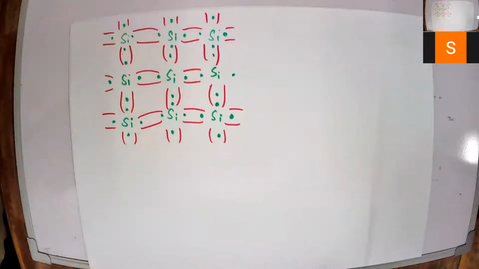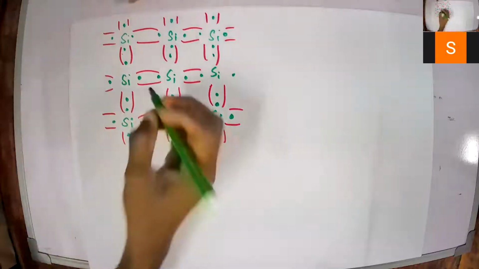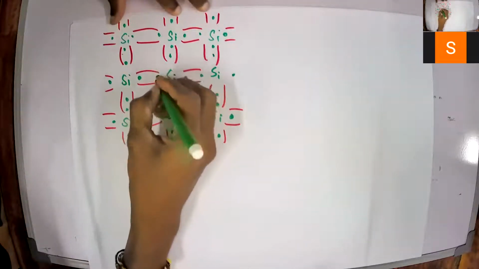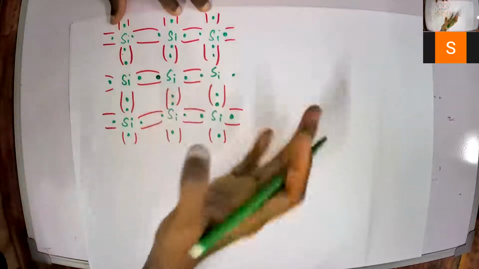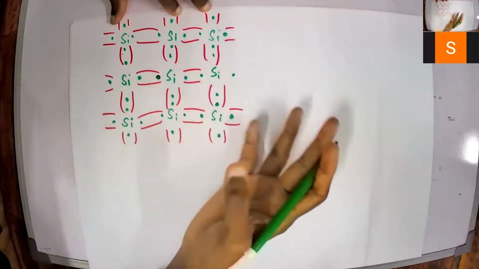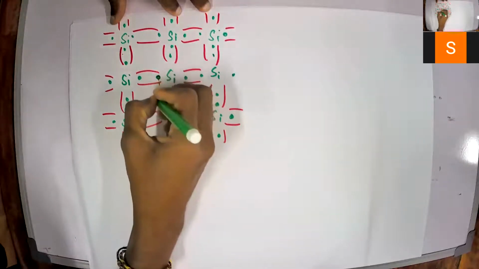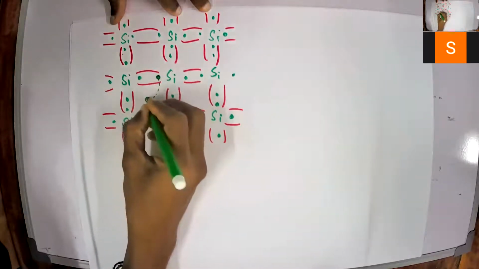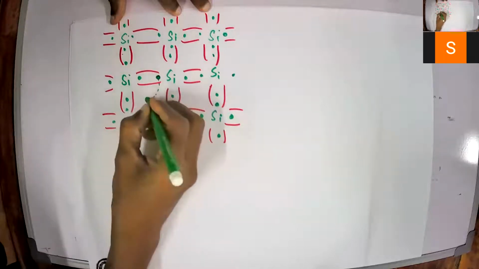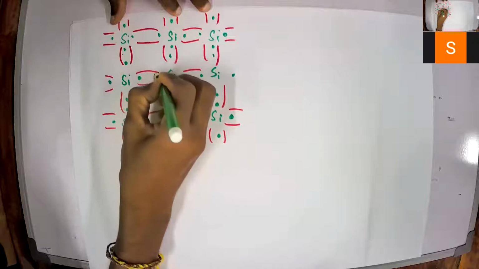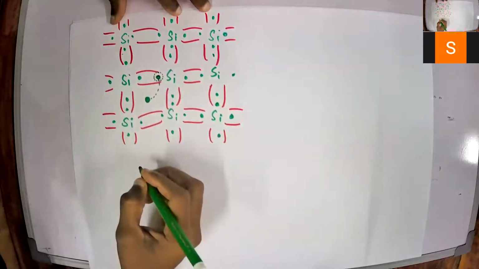Now, in this silicon, when you are increasing the temperature, the electrons at the bond will be pulled off. Increasing the temperature means you are giving energy. So these electrons will be pulled off from the bond. There will be a free electron, and then there will be a hole, a vacancy of electron.